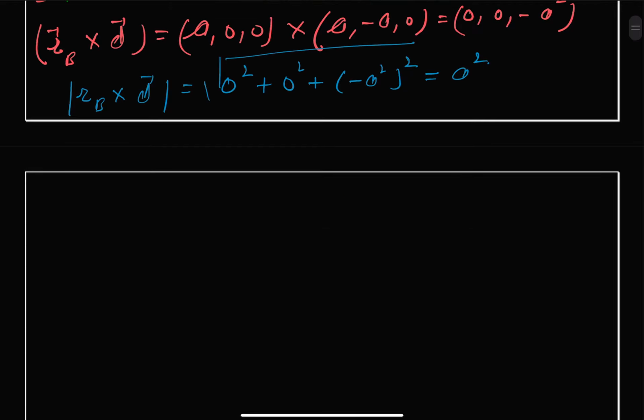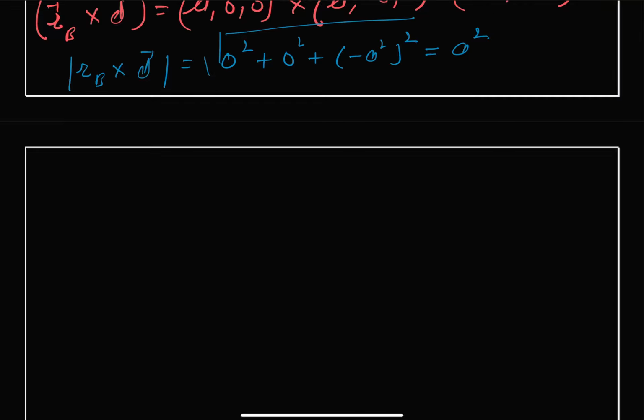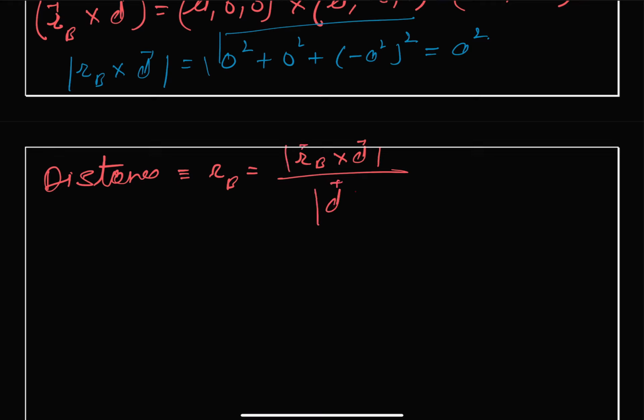And we are left with the distance, that is r of B, which will be equal to the cross product magnitude divided by the magnitude of d.